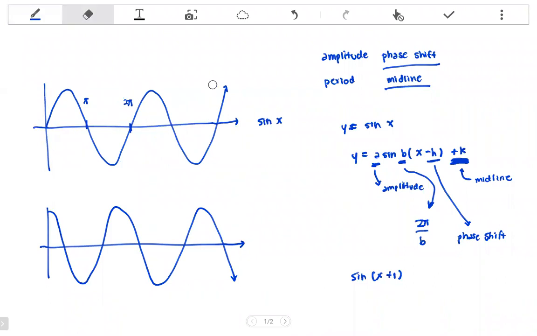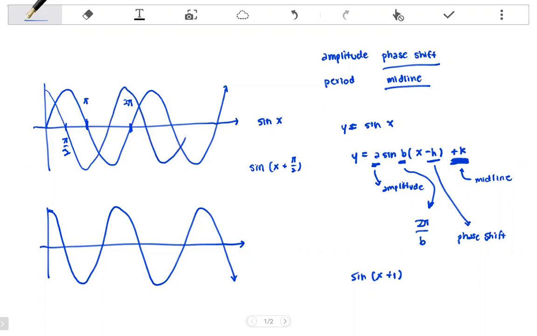But let me ask you, this is pi, this is 2 pi. We know this starts at the maximum. So this must be what? Pi over 2, right? If we phase shift sine of x and we moved it, let's say, plus pi over 2, so we moved this back pi over 2 units backwards, it looks something like this.